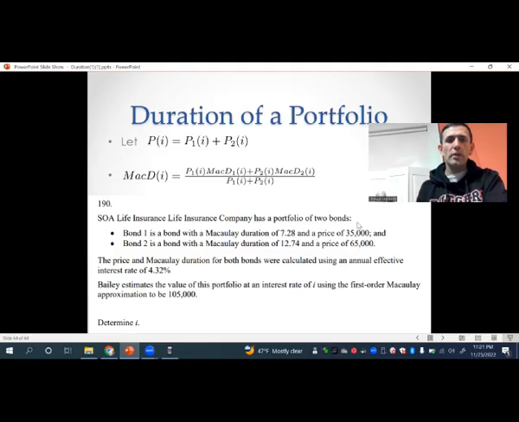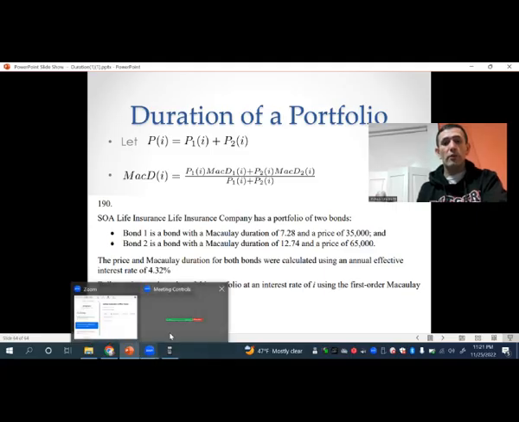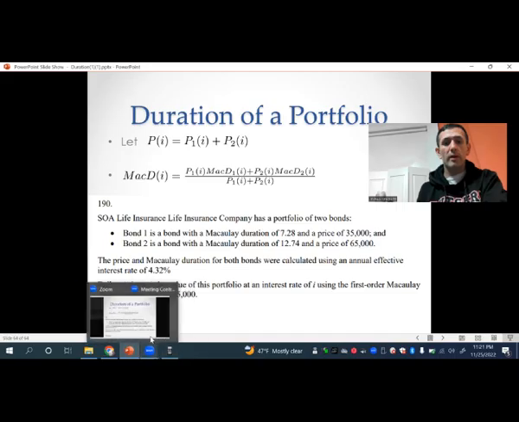We have my old interest rate, 4.32%. We have the Macaulay duration at this interest rate for this portfolio of two bonds. So we can plug all that in and then solve for I. Let me do all that.